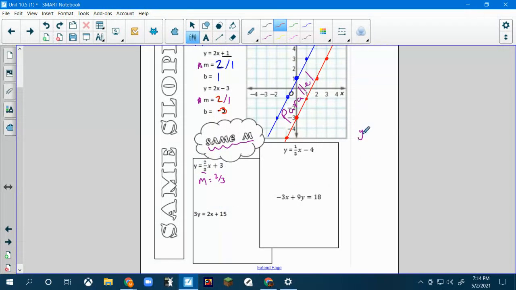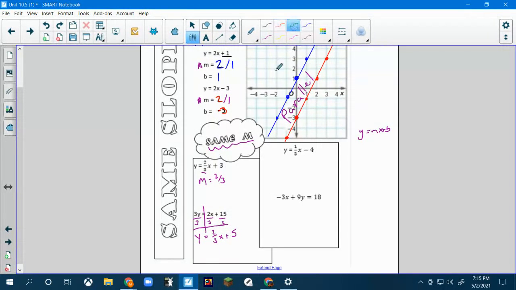We need to be in y equals mx plus b, so let's solve for y. Divide every term by 3, and we end up with y equals 2/3 x plus 15 divided by 3, which is 5.